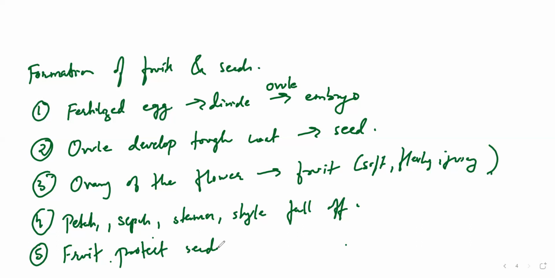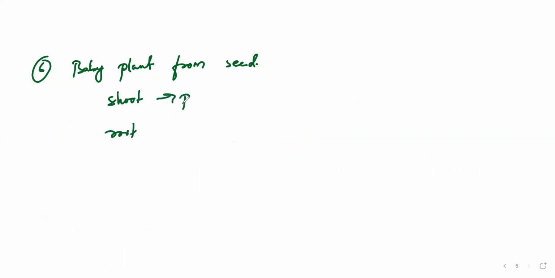So if you take this seed from it, the next sixth step is that a baby plant will develop from the seed, that is, shoot and root. The shoot is the plumule and the root is the radicle. The seed stores the food so that it can be taken by this baby plant to grow.